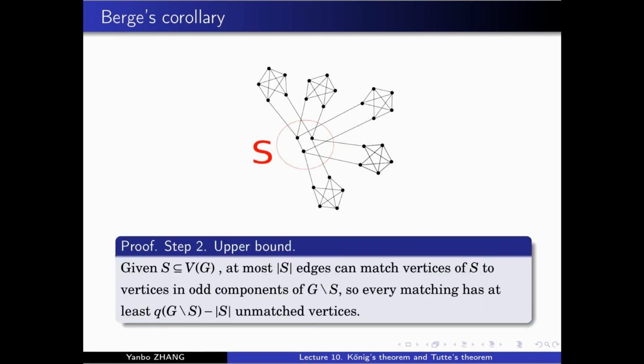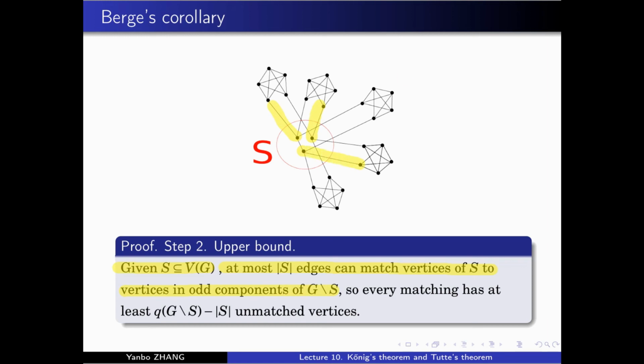This is the formal proof of step 2 to find the upper bound. Given a subset S of V(G), at most |S| edges can match vertices of S to vertices in odd components of G minus S. Like in this example, there are 3 vertices, so it can match at most 3 odd components.